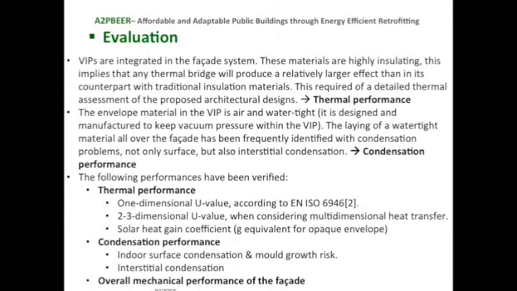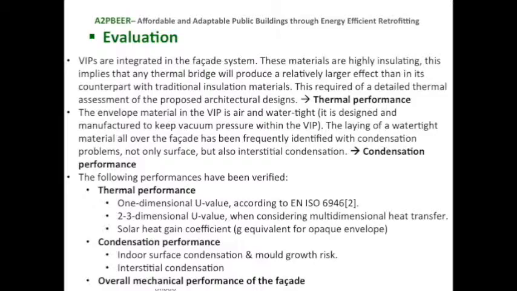Then we have developed different condensation performance evaluations, which was one of the critical points of the vacuum insulation panel, the condensation and interstitial condensation. So we have developed evaluation related to indoor surface condensation and mold growth risk, and also interstitial condensation.